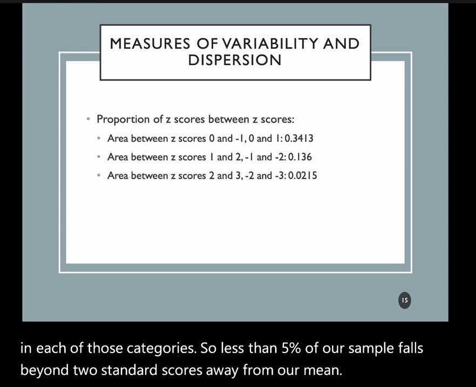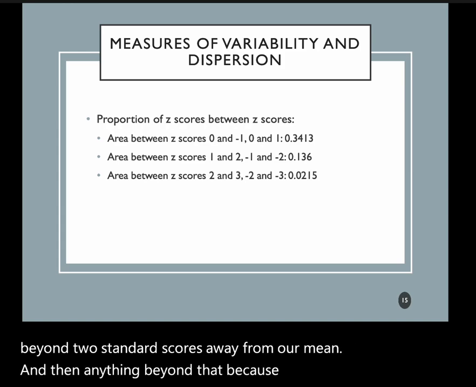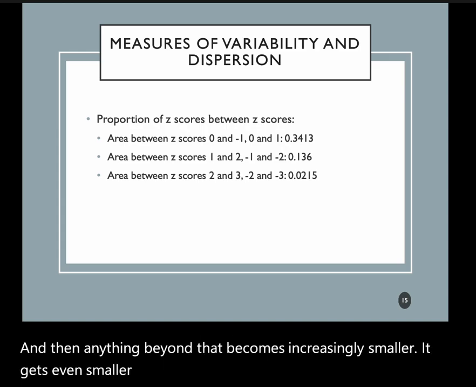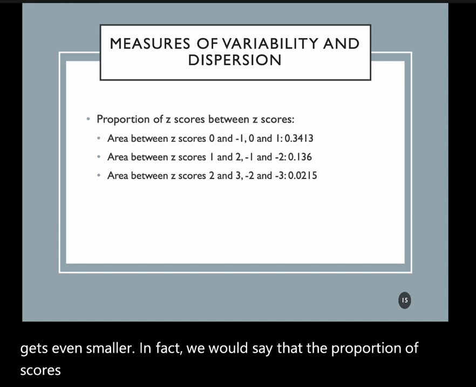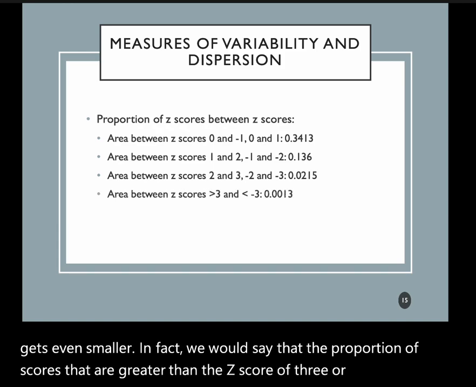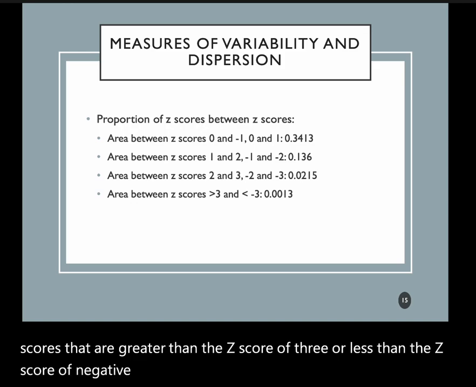And then anything beyond that becomes increasingly smaller. It gets even smaller. In fact, we would say that the proportion of scores that are greater than the z-score of 3 or less than the z-score of -3 is less than 1%. It's 0.13% of scores that fall into that range.